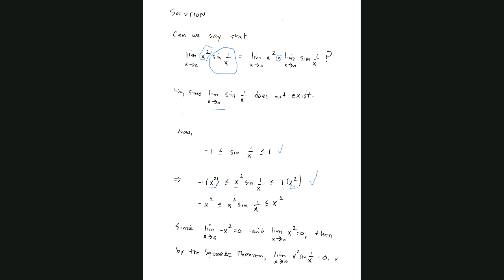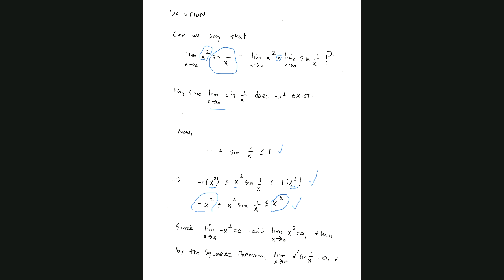So we are down to here. This inequality is certainly true. And what we're going to do is take the limit of the left function and the right function as x goes to 0.